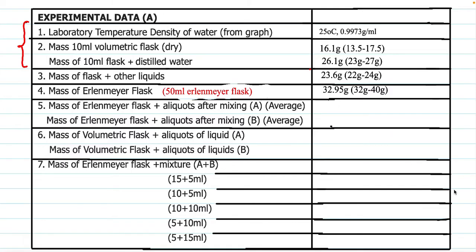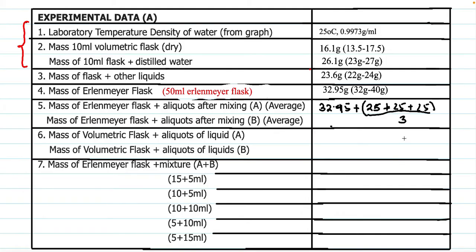Let me use my pen. Let's say the mass of the LeMaitre flask is, for example, 32.95 grams plus, you add the first 25 ml. Since water has the density of 1 gram per ml, 25 ml of water will obviously give us 25 grams. So this is 25 plus 25 plus 25, divided by 3.